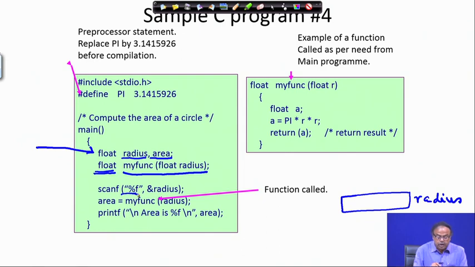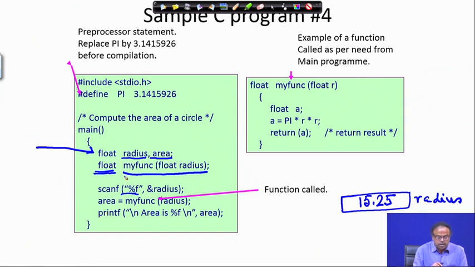So, I will read the value of the radius, and radius is of type float, so it will be say 15.25. That has been read. Now, computing the area, the main function is not doing itself.